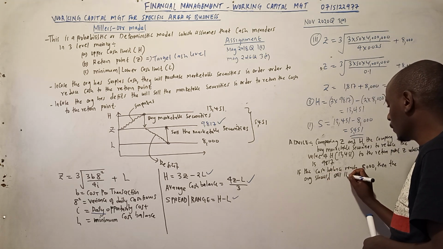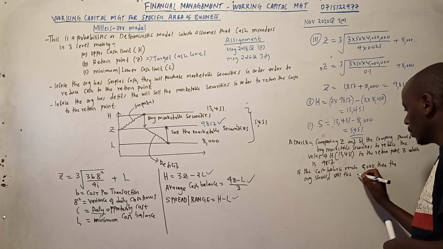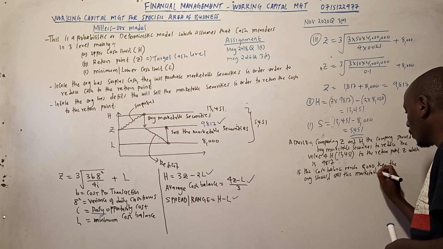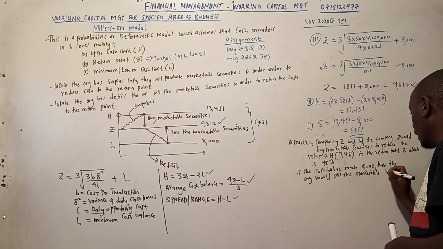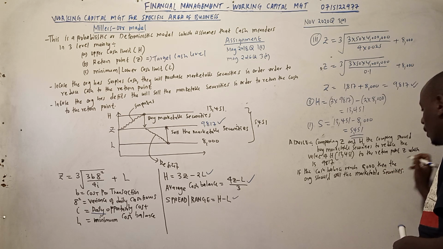When it reaches 8,000 you sell, so that you go back up, you regain the cash from the marketable securities. That is all about it.